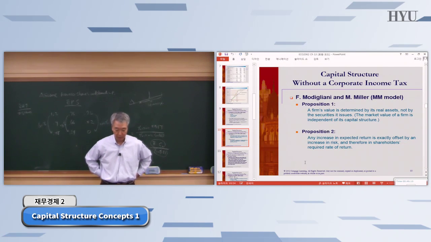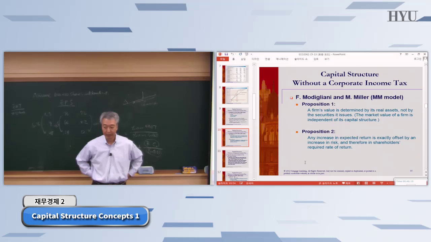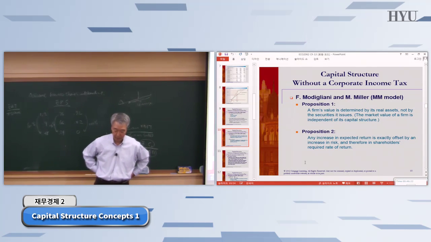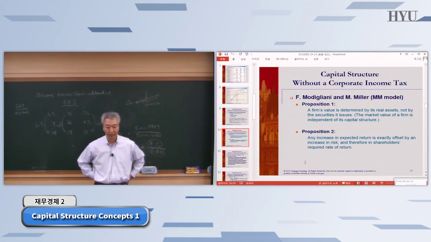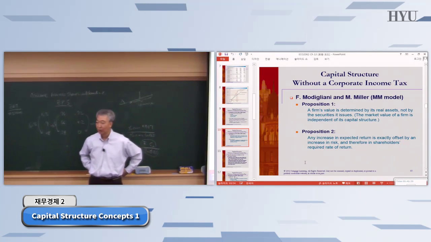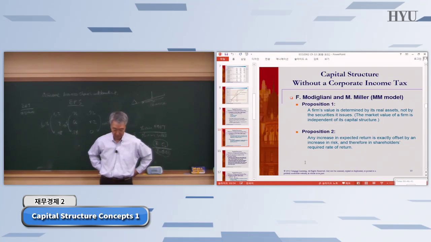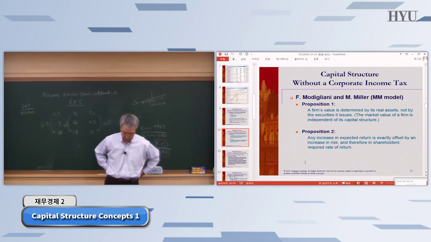Unfortunately, Modigliani was dead at that time, so he was not among the recipients. So the theory is there is no such thing as an optimal capital structure. Capital structure doesn't matter. The firm's value has nothing to do with the capital structure. That's proposition 1.